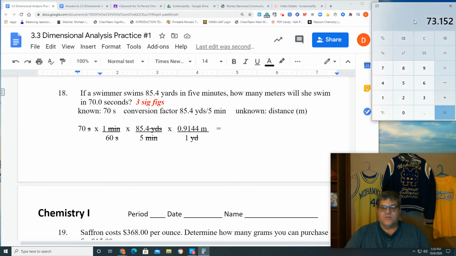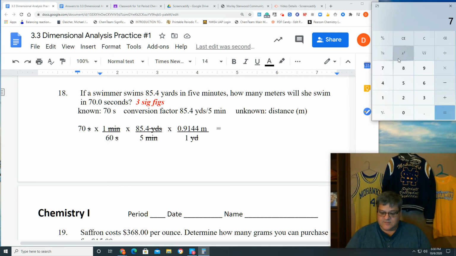So we go back over to our calculator. We're going to take 70 seconds, multiply by 1, divide by 60. Then multiply by 85.4 and then divide by 5. I don't think I did that right. Let me redo that.